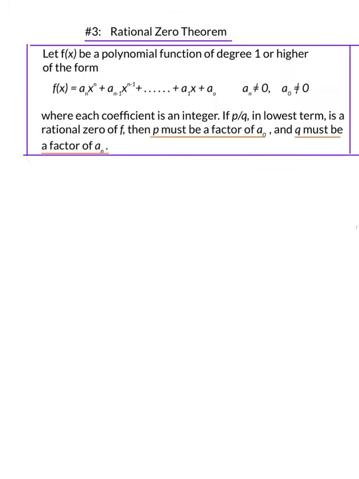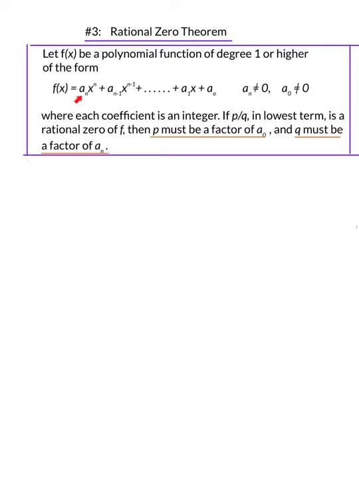So let's see what it says. Rational zero theorem. Let f of x be a polynomial function of degree 1 or higher of the form f of x equals a sub n x to the n plus a sub n minus 1 x to the n minus 1 plus yada yada yada plus a sub 1 x plus a sub 0, where a sub n does not equal 0 and a sub 0 does not equal 0, where each coefficient is an integer.